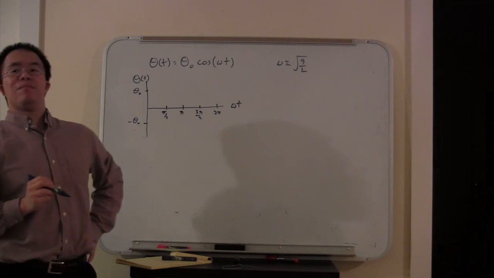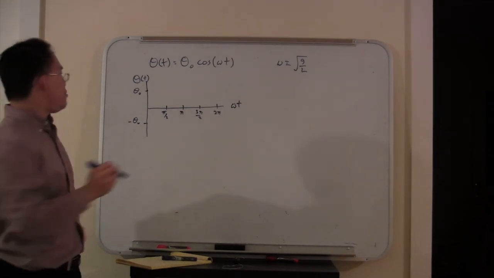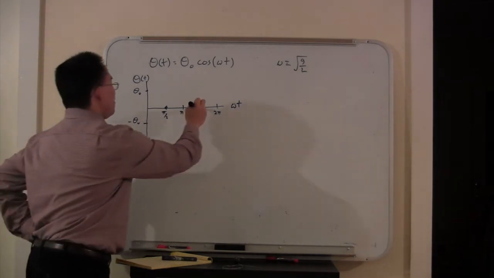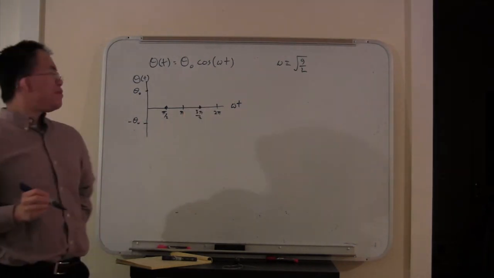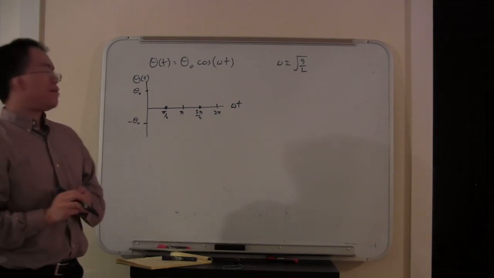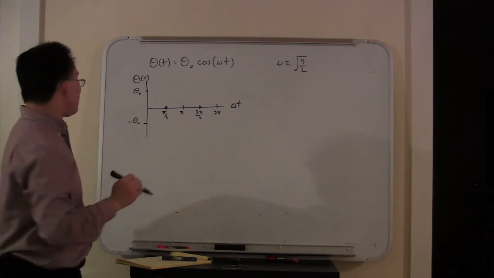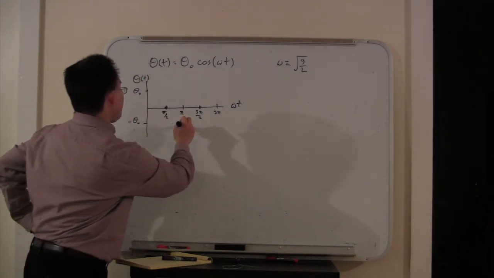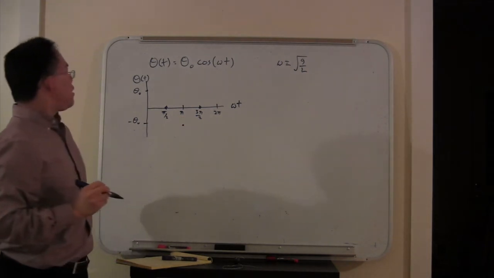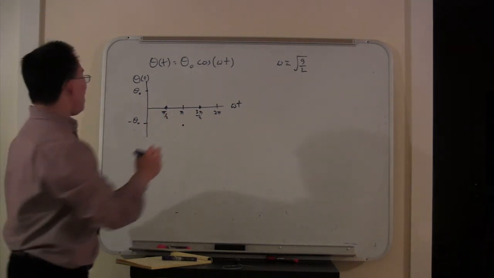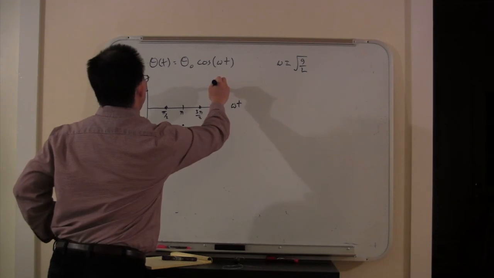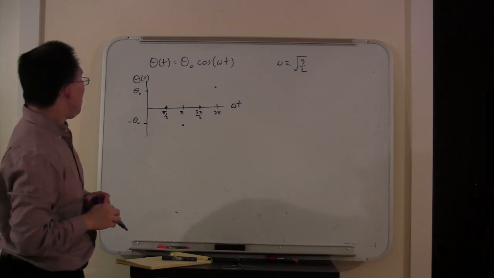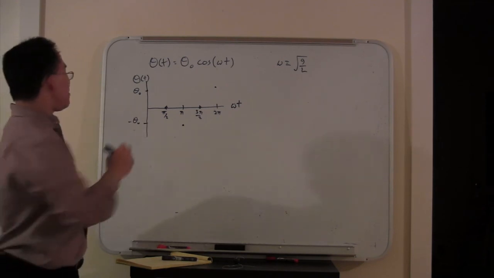Right, so you might remember that cosine of pi over 2 is 0, as is the cosine of 3 pi over 2 radians. And that at theta equals pi, cosine goes to minus 1. So theta goes to minus theta naught. And that back at 2 pi, we are back at cosine of 2 pi is equal once again to 1. So we can already kind of piece together the shape of this.